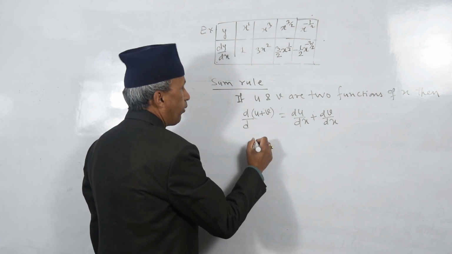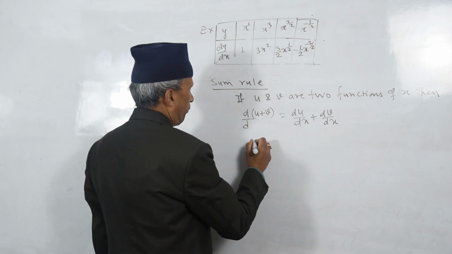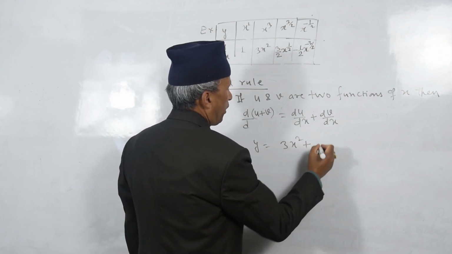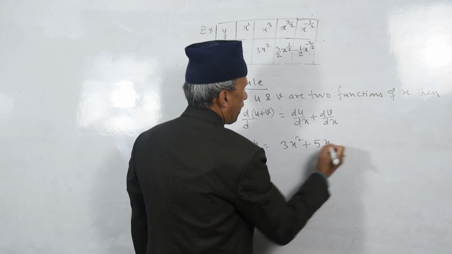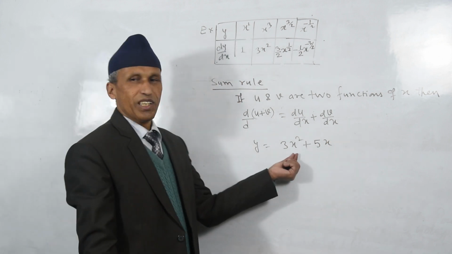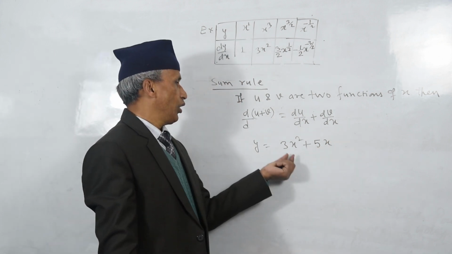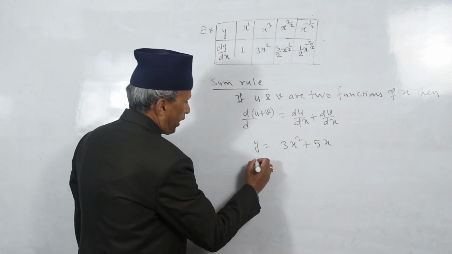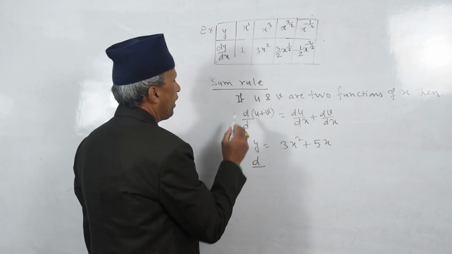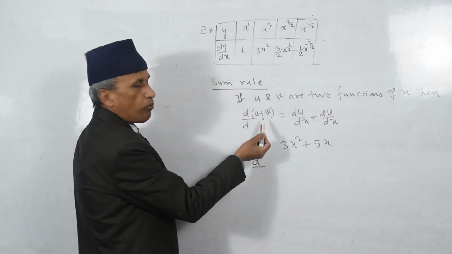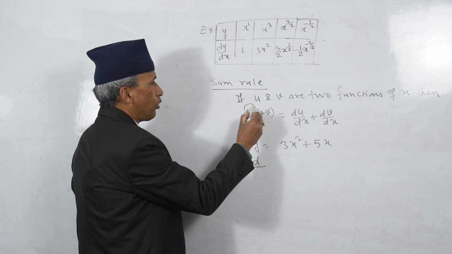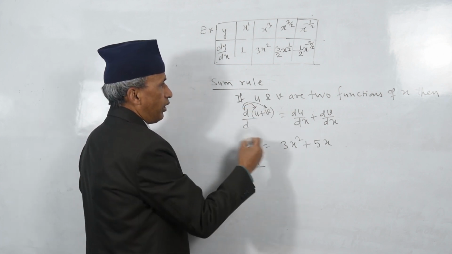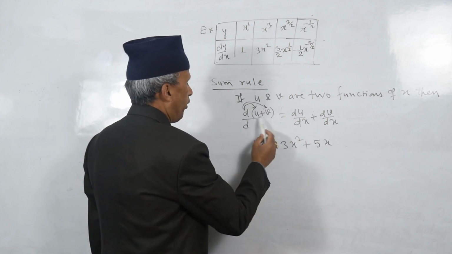Let's say y is equal to 3x square plus 5x. In this case you can take this as u and this as v, so u plus v. What is the value of dy by dx? It says that the derivative distributes over the sum: d by dx of this function, then d by dx of that function.